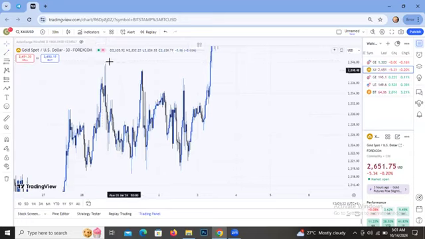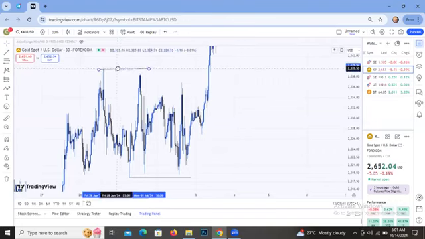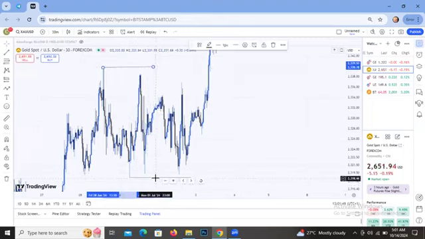We have this high and we have this main low. This is the two structure. Here now this is the high and we have this low. So we are waiting for the market to take out this high or this low.